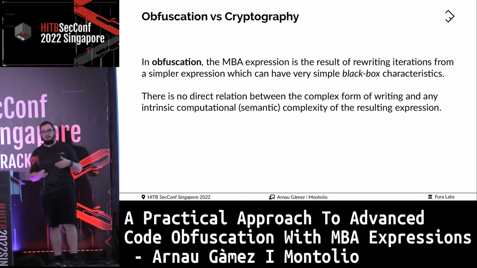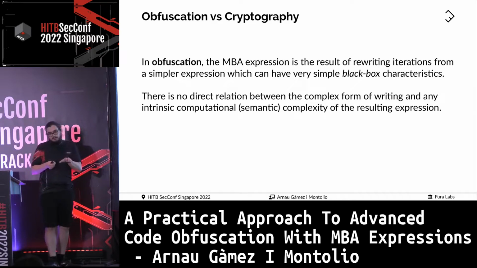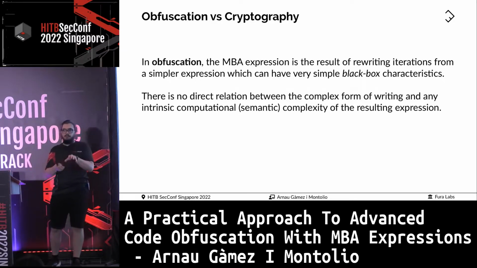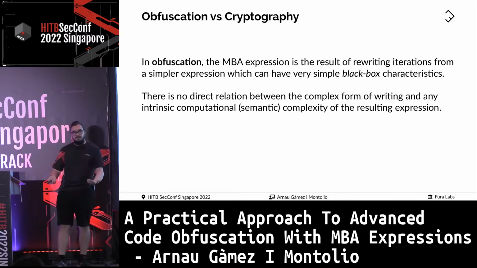Whereas in obfuscation, what we are doing is starting from a simple expression, an expression that has very simple semantics. We want to complicate it, we want to mess around, we want to produce a transformation that gives us an obfuscated expression, very complex from the point of view of the syntax, the form of writing it.